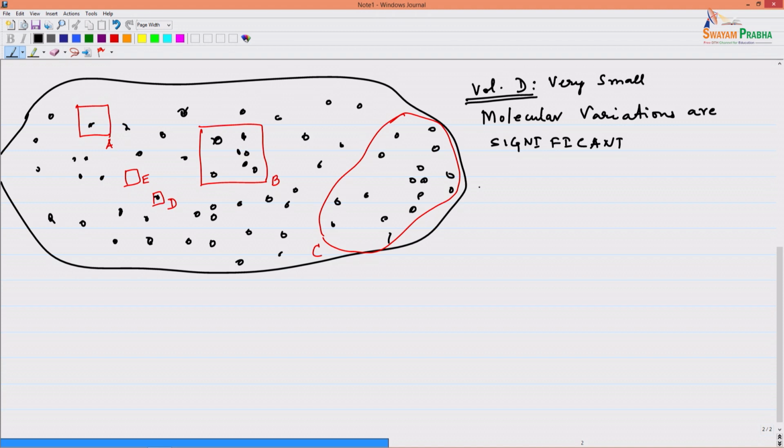But if you take a volume like C, then what happens? It has a sufficient number of molecules such that I can take their properties as a whole, and define it as an average for this entire volume.